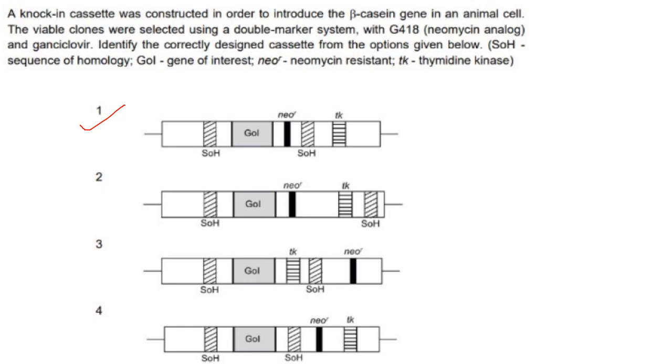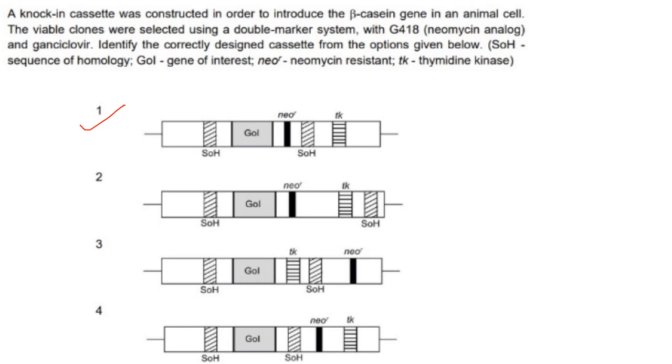The viable clones were selected using a double marker system, the G418 neomycin analog and ganciclovir. Identify the correctly designed cassette from the options given below. SOH is sequence of homology, GOI is gene of interest, NEO is neomycin resistance, and TK is thymidine kinase, that is for the ganciclovir.